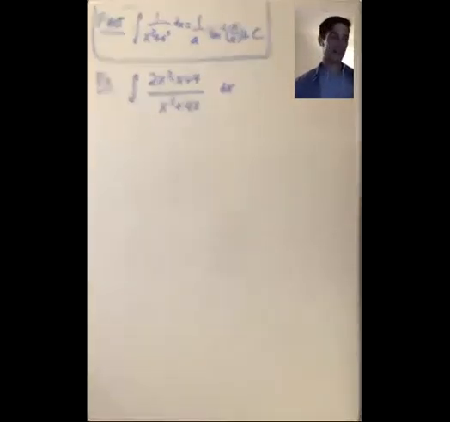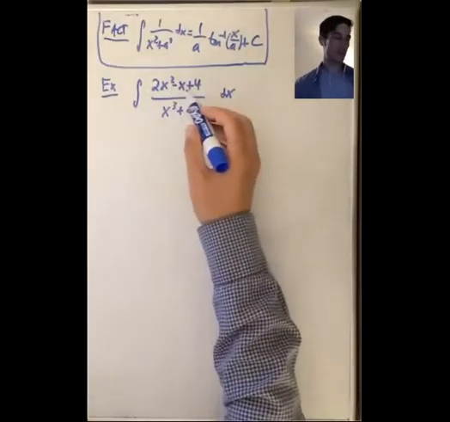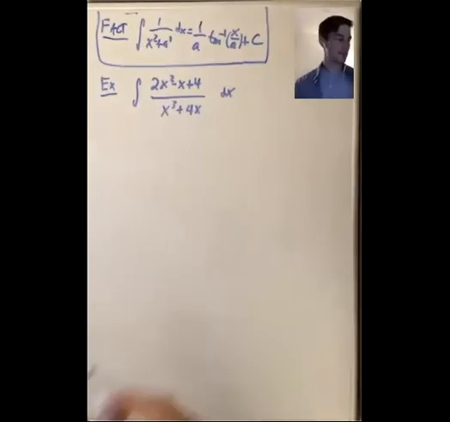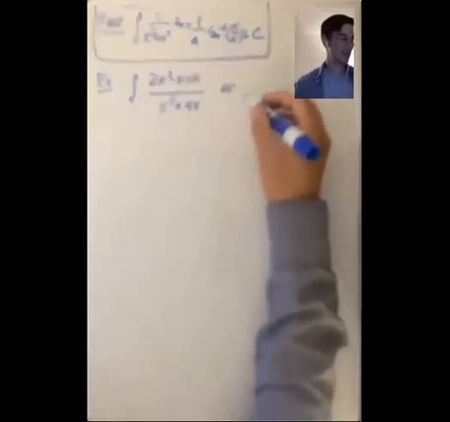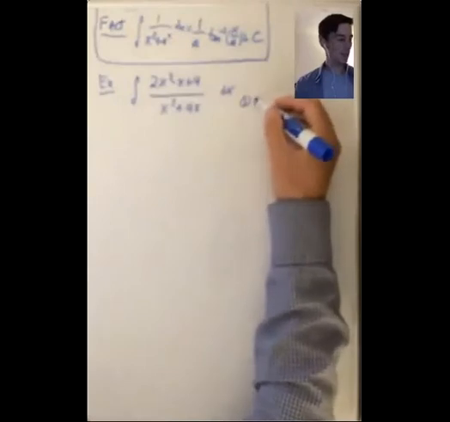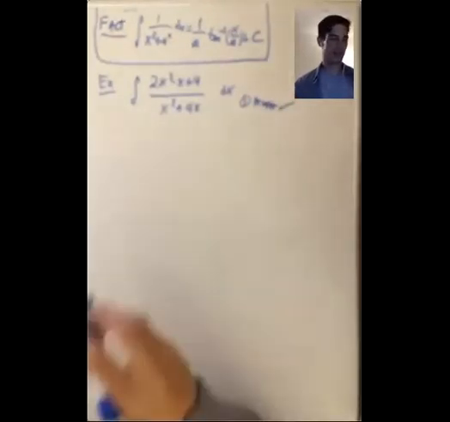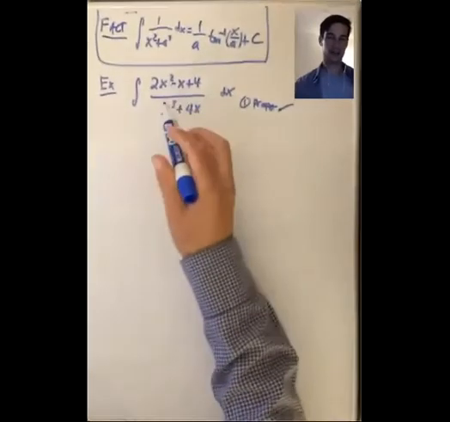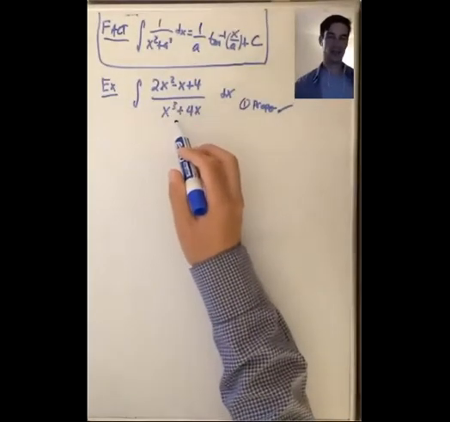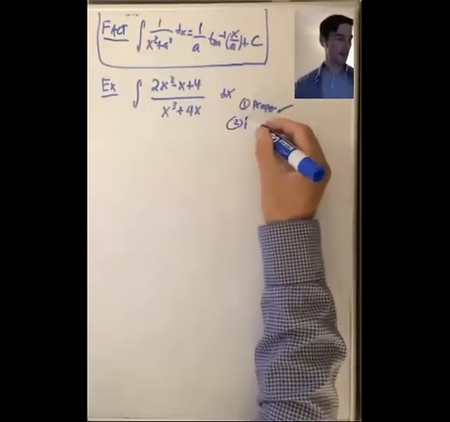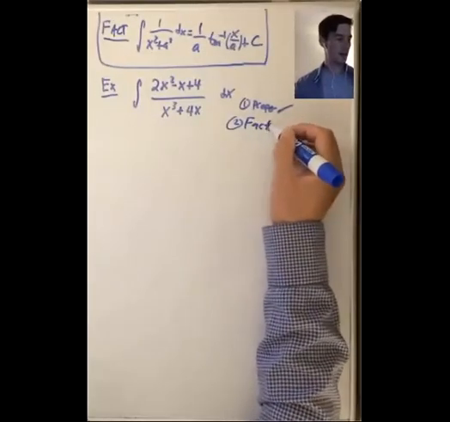Let's look at the integral of 2x squared minus x plus 4 over x cubed plus 4x. What do we do with any integration of a rational function problem? Step 1, check that it is proper. It is. The degree of the numerator is 2, and the degree of the denominator is 3. Step 2, we're going to factor the denominator.